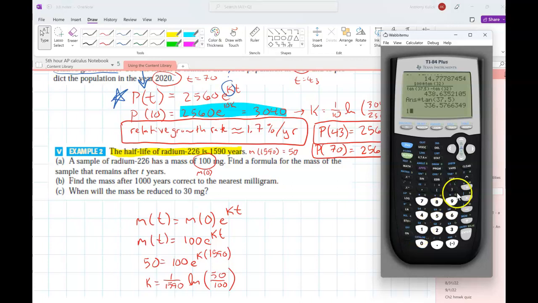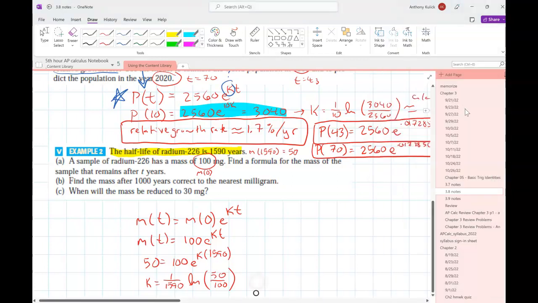Now I want to point out to you guys that this is something you can just get a decimal from, right? Now that's a crummy decimal to hang on to, isn't it?